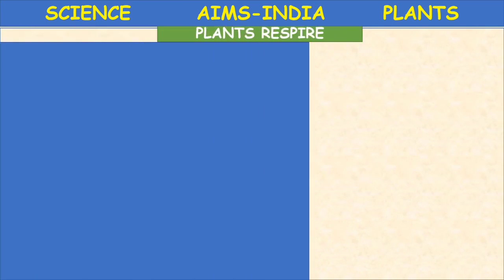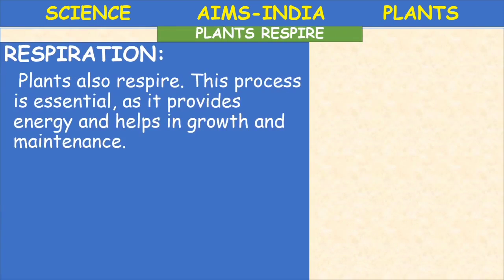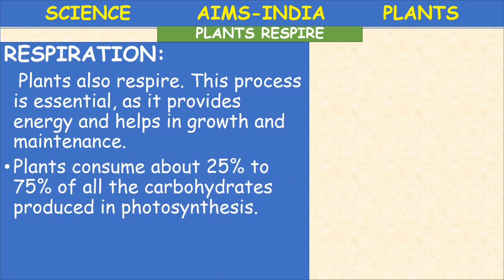Now, plants respire. Respiration means a process to live, to breathe, like as we need breathing. We human beings breathe, as it is very important for us to stay alive.